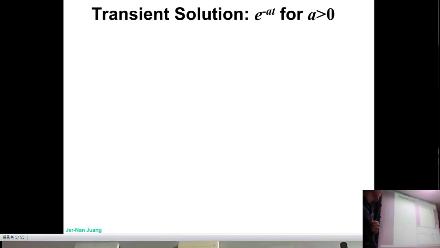All right. Now the transient solutions. Now we are going to talk about the transient solution first. We then come back to talk about steady state. We've got to understand the transient solution before we go to steady state. In other words, if you are a good controller designer, you've got to understand your system first.